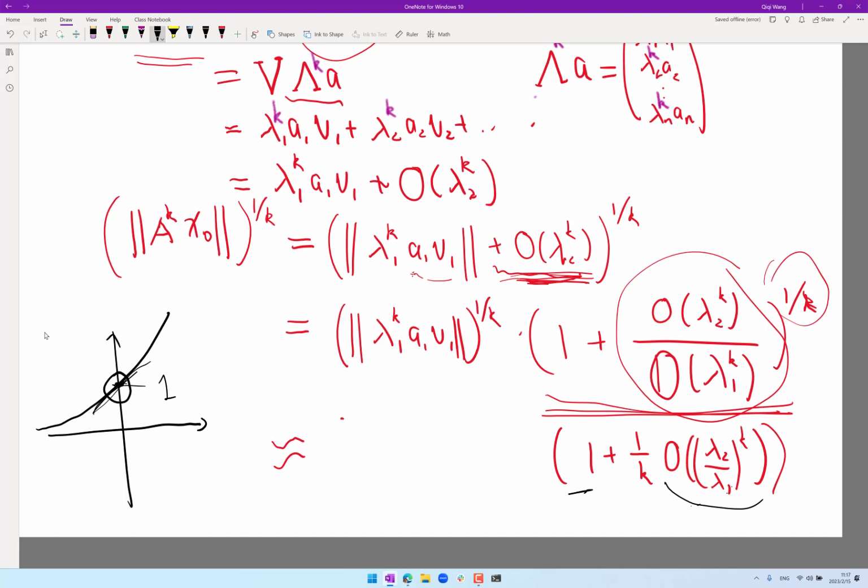So this term often dominates how much error you have for small k, because in a lot of situations, the gap between adjacent eigenvalues, especially in large systems, is actually pretty small. Maybe one eigenvalue has a magnitude of 2, the second one has a magnitude of 1.99. That means the gap is small and you have to raise it to a high power to make it small. Yeah, you have a question?